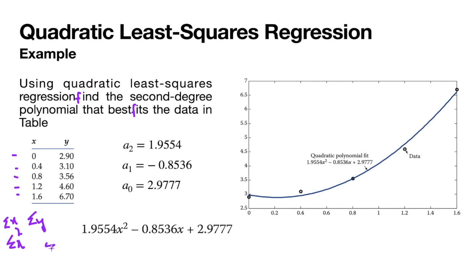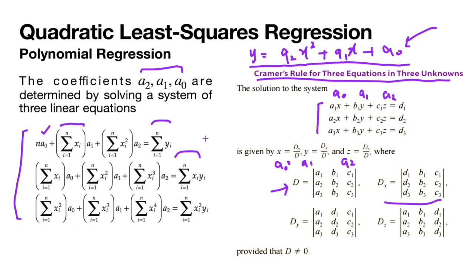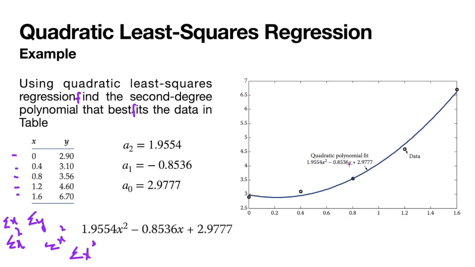We will put all of these values in these equations, and then we will get a system of equations. We can then apply Cramer's rule and use these formulas to calculate the values of a1, a2 and a0, and I have just calculated the values of a1, a2 and a0.